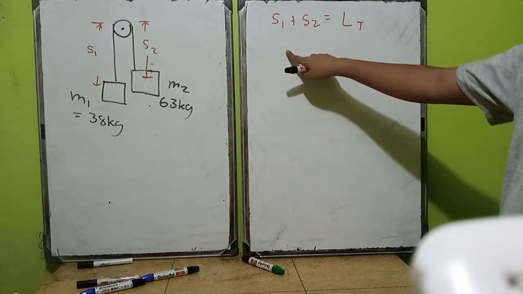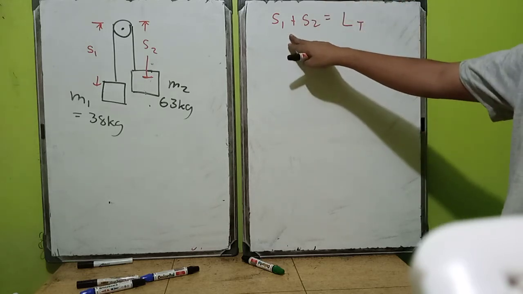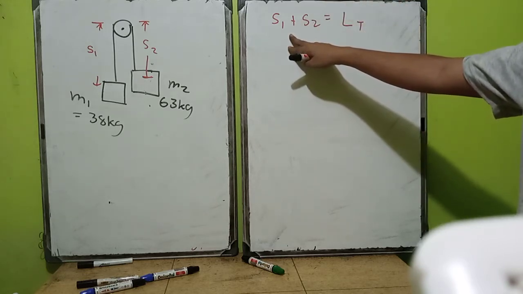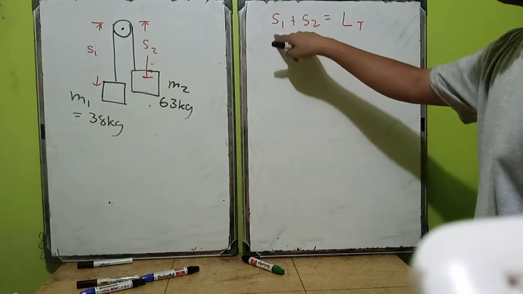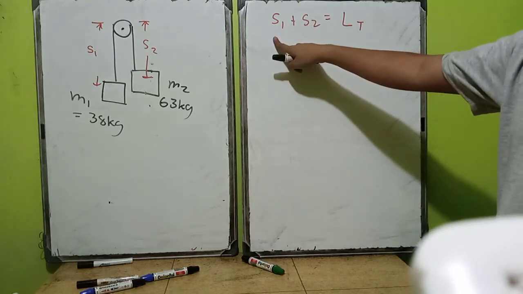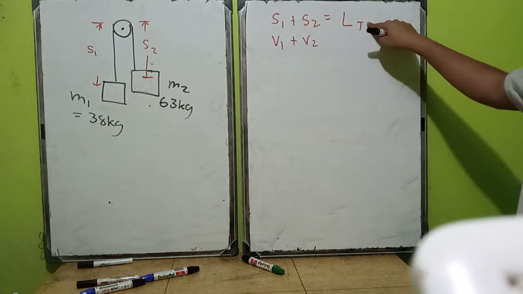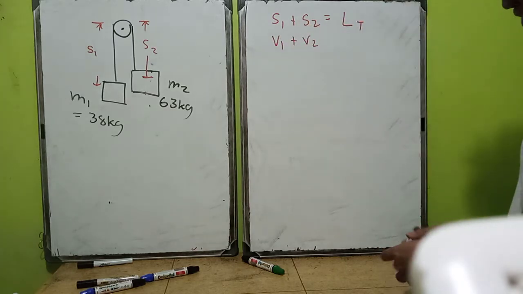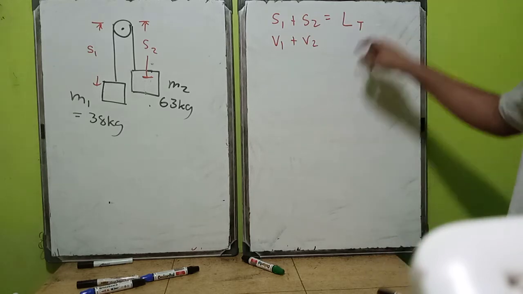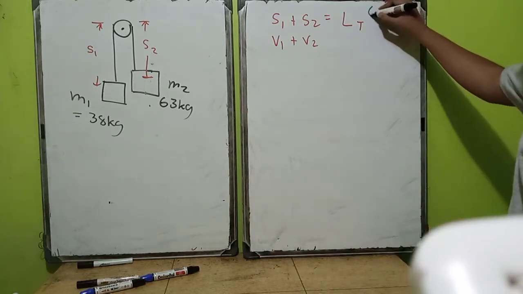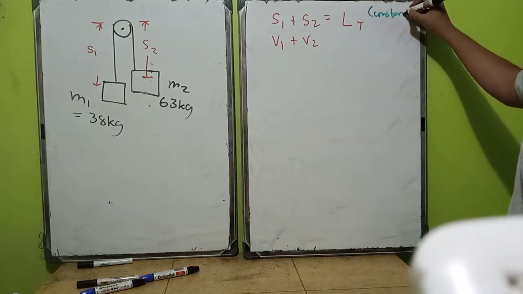So in order to get the formula for velocity, we differentiate this one. So we get V1 plus V2, since LT is constant. Why?